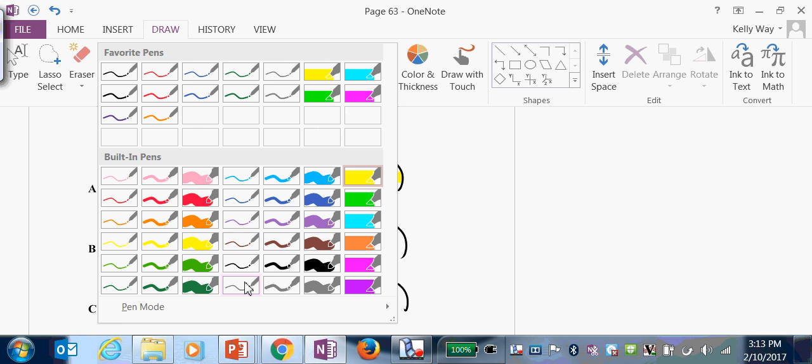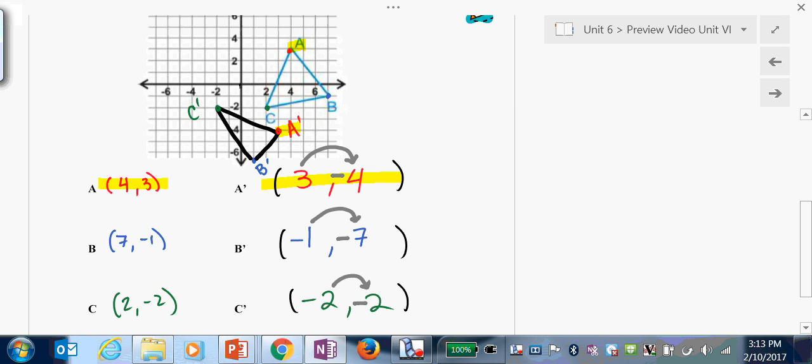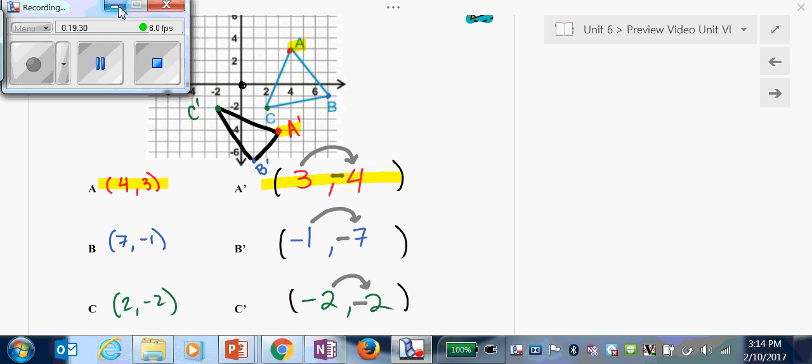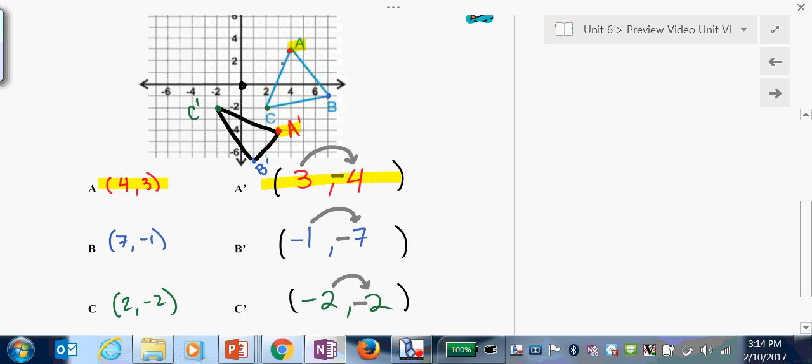Now we're going to draw a line from the origin. So put your pen on your origin and draw a line to A. Physically draw from the origin, go to A. Now draw another line going to A prime.